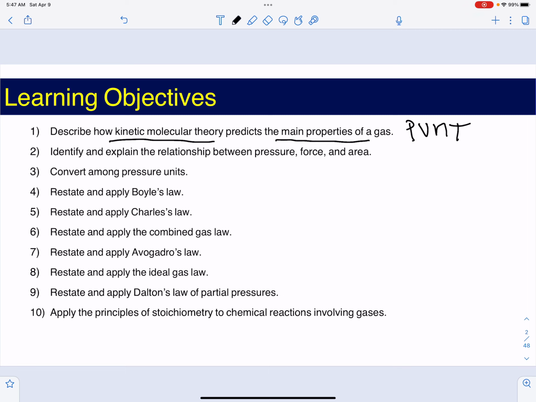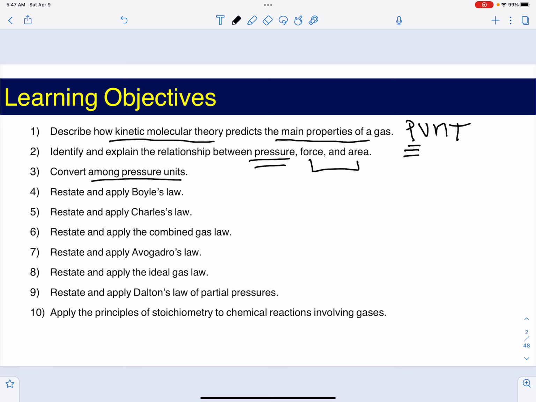In relation to that, we're going to see how pressure is defined as a force acting on an area. Then we're going to see how to express that in numerical terms by using pressure units, the most common one being 1 atmosphere, based on the amount of air that we have on this planet.